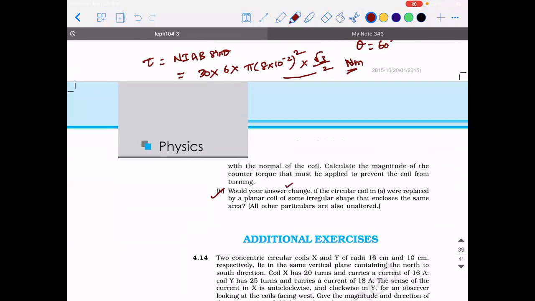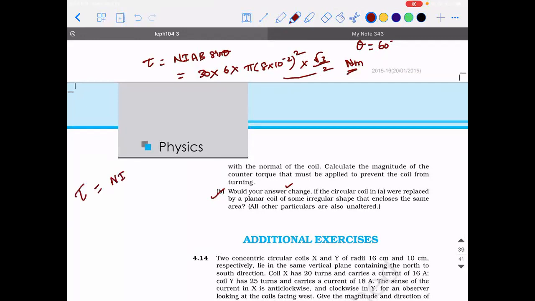Now the next question is, would your answer change if the circular coil were replaced by a planar coil of some irregular shape that encloses the same area, keeping all other parameters unchanged? So what are all the factors on which torque depends?